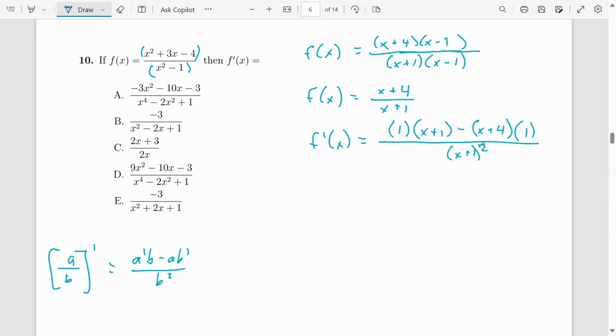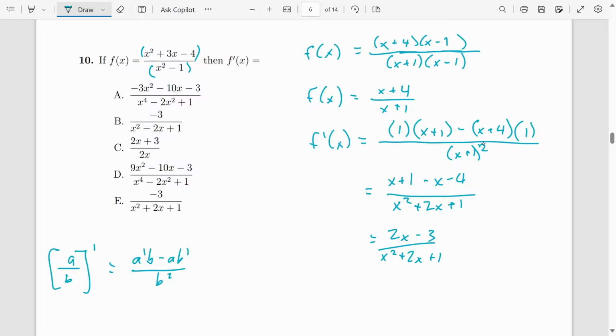Cool. So simplifying this now, we get, let's see, this will be x plus 1 minus x minus 4 all over x squared plus 2x plus 1. And then the top is going to simplify to 2x minus 3 all over x squared plus 2x plus 1.